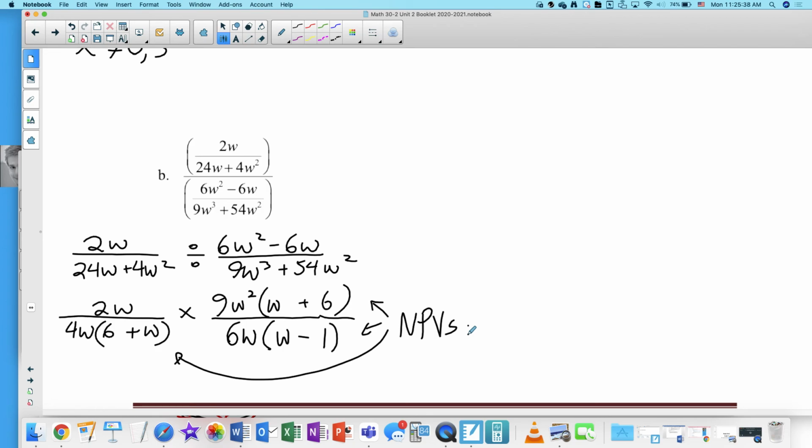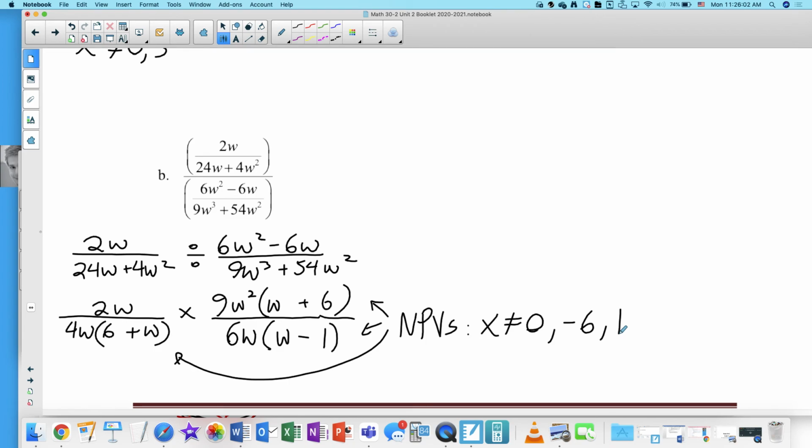So this is 0. X cannot equal 0. This guy is negative 6. This is 0 again. I'm not going to repeat that. This guy is a 1. And then if I look here as well, this is 0. I've already got that down. This one is negative 6, and I've already got that down.